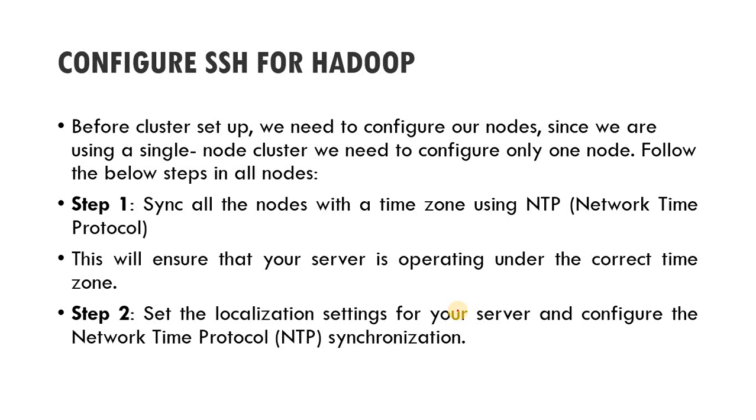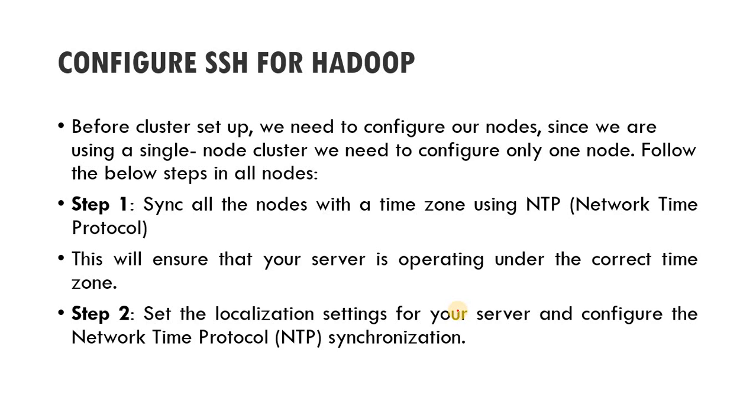Before cluster setup, we need to configure our nodes. The nodes are name nodes and data nodes. After this, we need to configure the name node and the data node, and there are some other steps as well. Since we are using a single node cluster, we need to configure only one node.